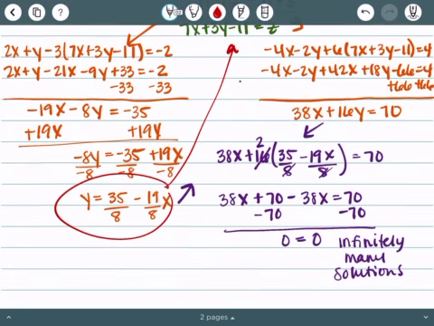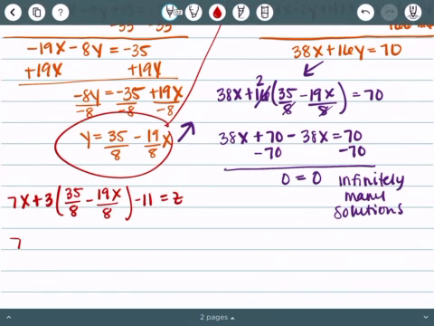So I'm going to have 7x plus 3 times 35 over 8 minus 19x over 8 minus 11 equals z. So I have 7x plus 105 over 8 minus 57 over 8x minus 11 equals z.